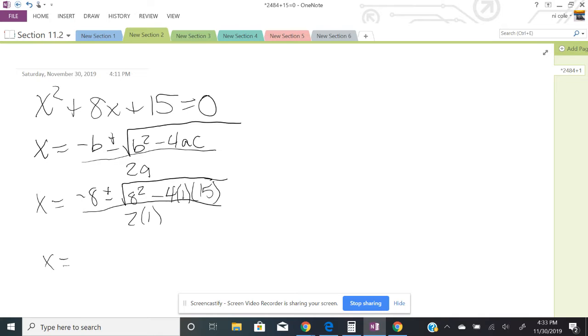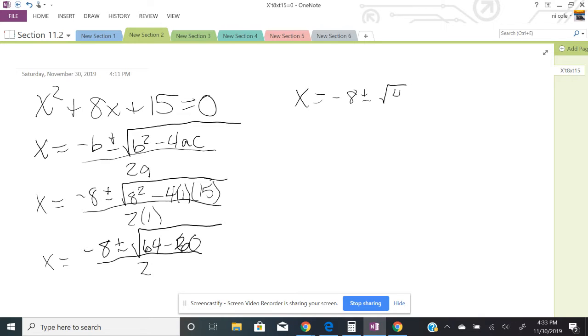So x is equal to negative 8 plus or minus the square root of 64 minus 60, sorry, all over 2. All right, so let's keep simplifying. X is equal to negative 8 plus or minus the square root of 4, over 2.